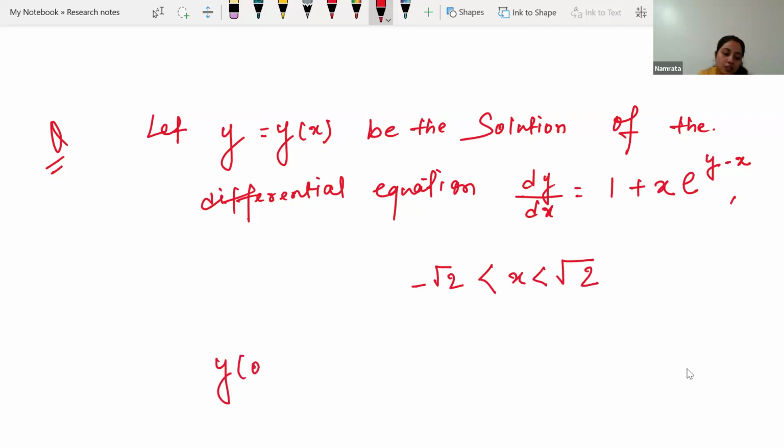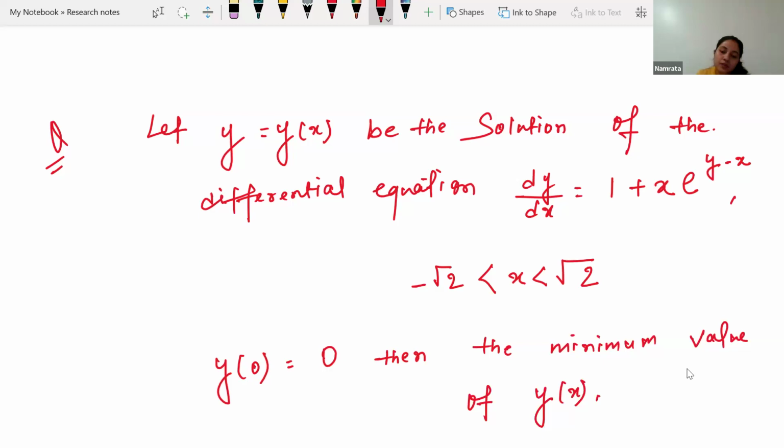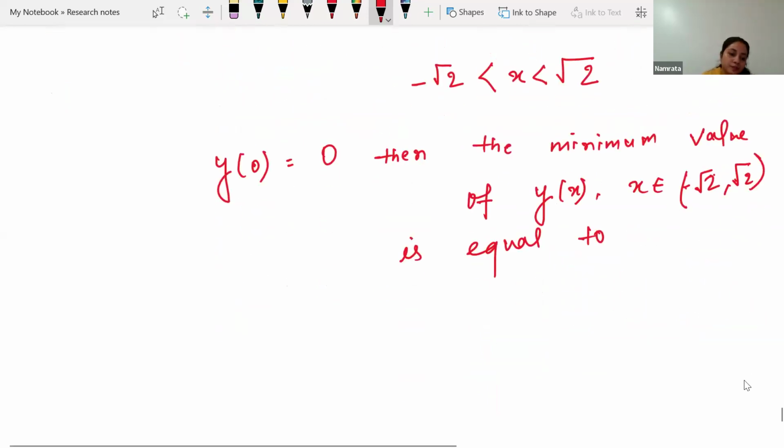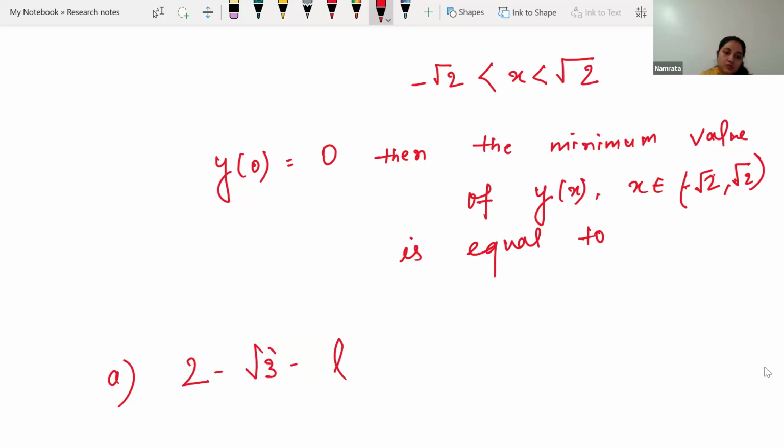And the given condition is y of 0 is equal to 0. Then the minimum value of y of x, for x belonging to this interval, is equal to: option A, 2 minus root 3 minus log 2 base e.